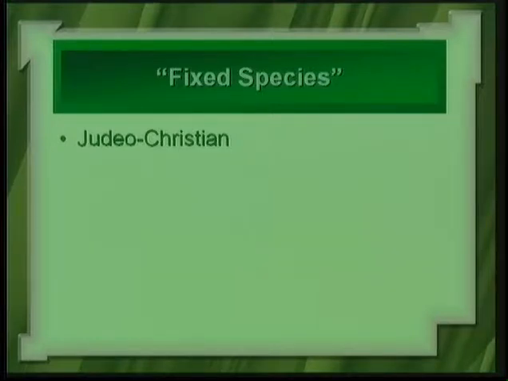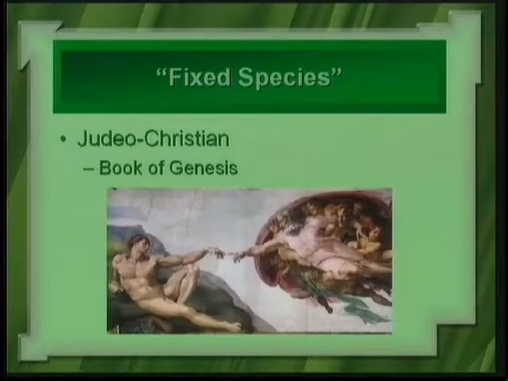Anyway, the Judeo-Christian view takes the book of Genesis literally. Here's a little piece, I believe, of the Sistine Chapel, very famous. You have God animating Adam, and Adam was constructed from red clay. Even the name Adam means red clay man or something like that.